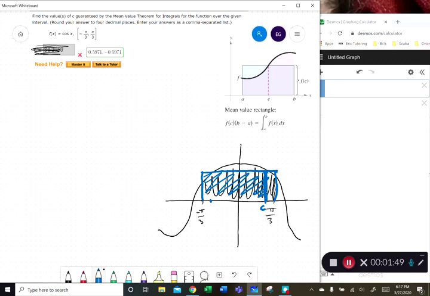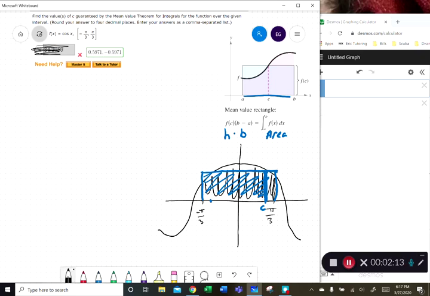If you look at the mean value theorem, it's basically the formula for the area of a rectangle. Area of a rectangle is base times height. So b minus a, that's our interval, is the base, and f of c, the y value, is the height. Let's go back to the actual problem.